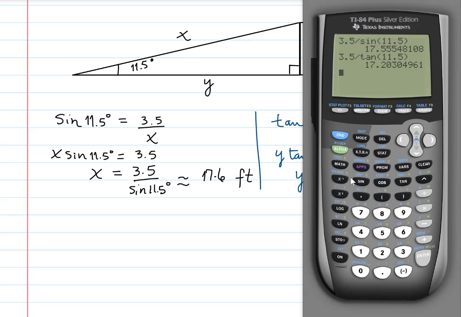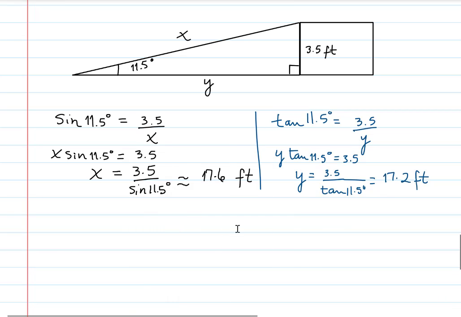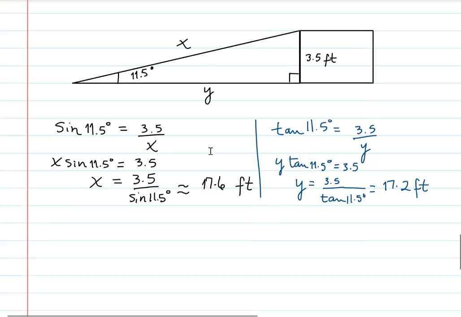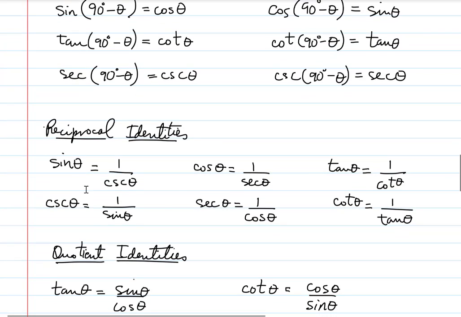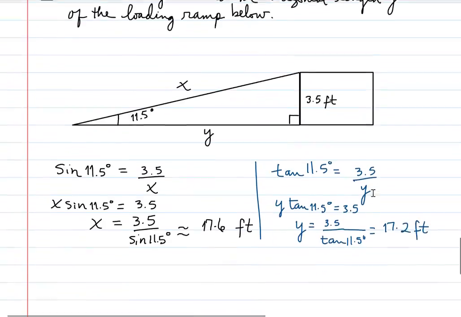So you want to stick with those three. It's not that you can't use the others, but those three allow you to do it quickly in the calculator. If you use cosecant or cotangent, you're going to have to use the reciprocal identities anyway, which is the same thing. It just saves you some time.